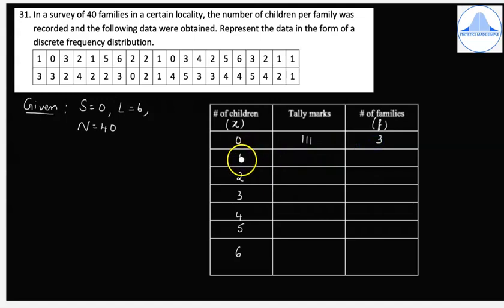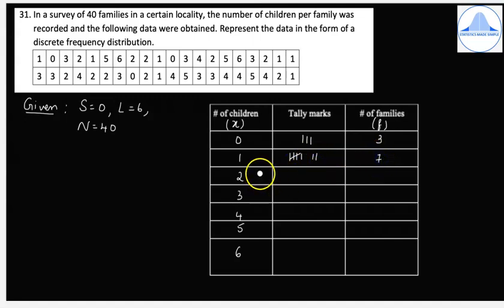Similarly, count the number of ones in the given data and you will see that totally there are, let's count 1, 2, 3, 4, 5, 6 and 7. So we have 7.